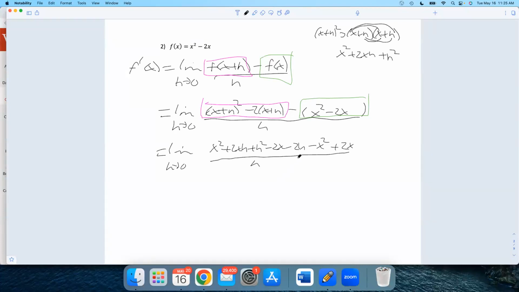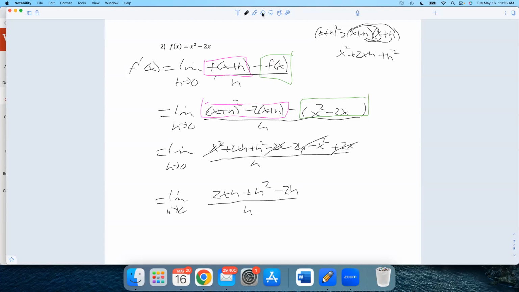If you've done this properly, everything after that minus will cancel out. If your function's a polynomial, everything after this minus will cancel out every single time. See, look, x squared, negative x squared, 2x, negative 2x. Everything that's left on top will have an h in it. If you've got something left on top that does not have an h in it, you've goofed.